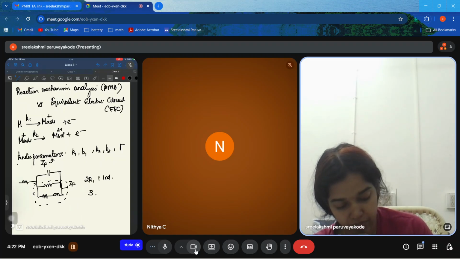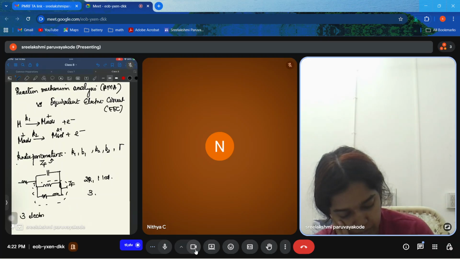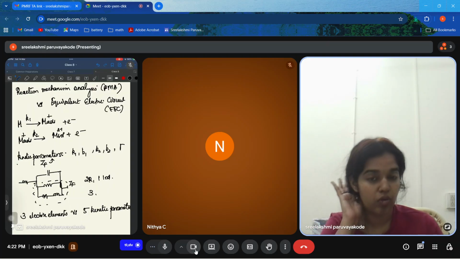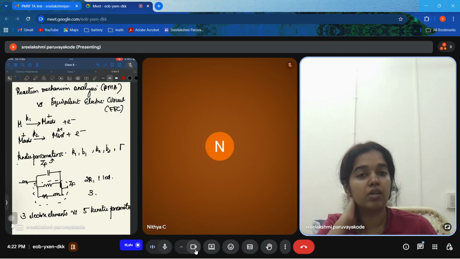Totally three. So if I'm using an equivalent electric circuit, I need three electric elements versus five kinetic parameters to model the same thing. So why is this important? I already told what we do in impedance.